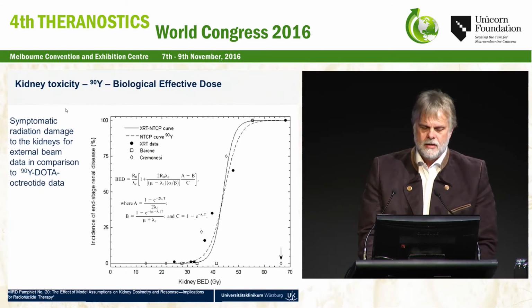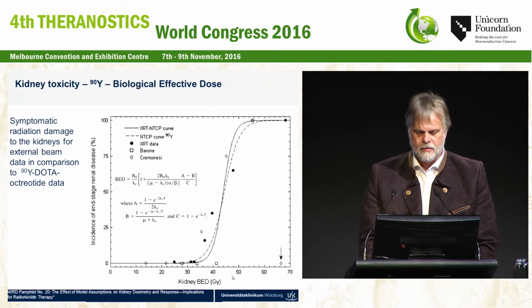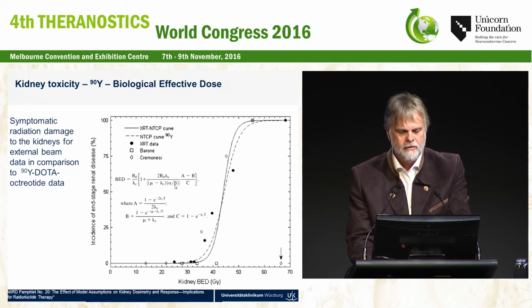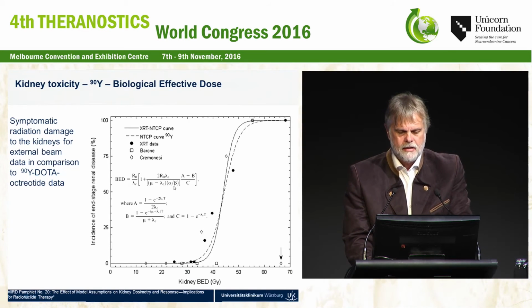Also, we have to think about what we do with kidney toxicity, and maybe you've seen this example. So this is the kidney biologically effective dose, and it is derived from the physical absorbed dose by including repair, and this is the mu factor here, and the alpha over beta ratio, that is tissue-related sensitivity.